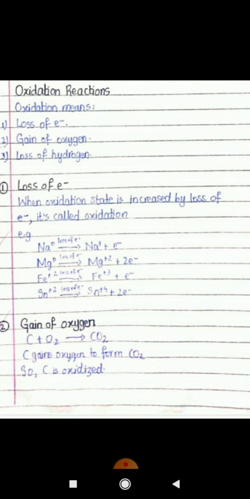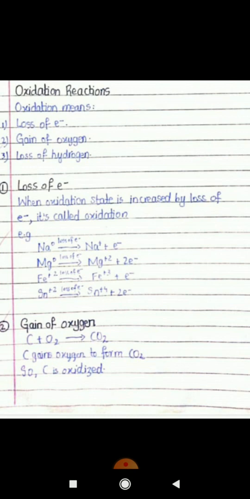First is the loss of electron, or in other words, removal of electron. When oxidation state is increased by loss of electron, it is called oxidation. For example, Na is converted to Na plus plus 1 electron. As we studied in the rules of oxidation state, for a free elemental or uncombined form, the oxidation state is assigned as 0.